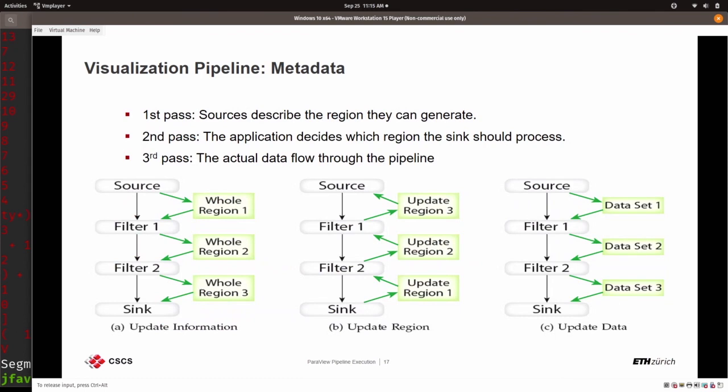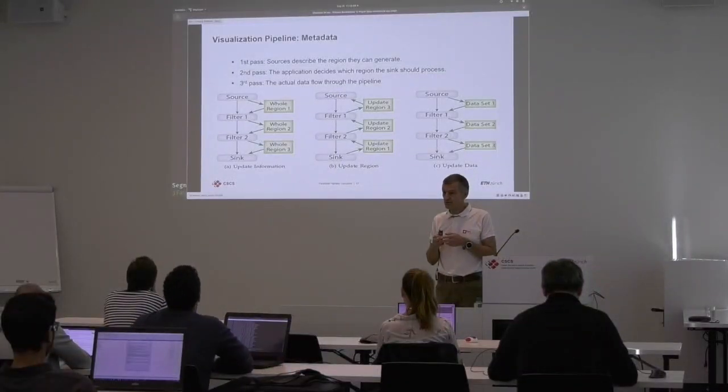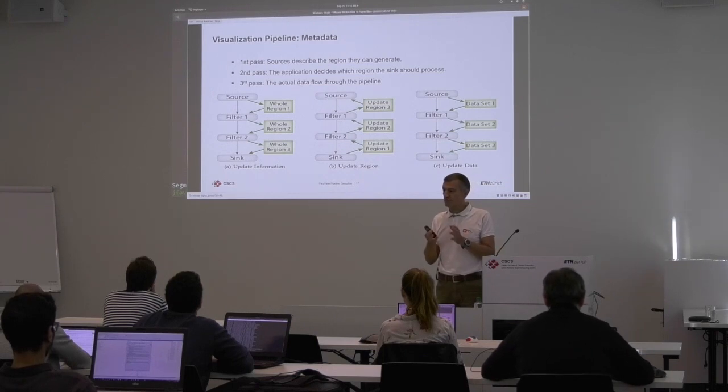So there are basically 3 passes in the execution. One of them is where the sources, at the top of the pipeline, advertise the content they can generate. So what is that information? The number of time steps, the number of variables, the name of the variables, the size of the grid, the type of the grid, etc. All those things describe your data.